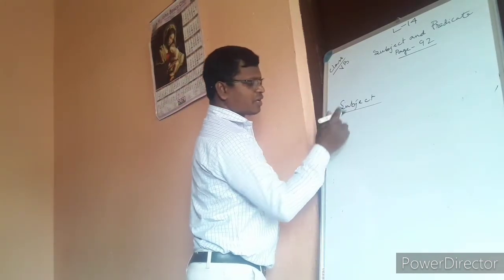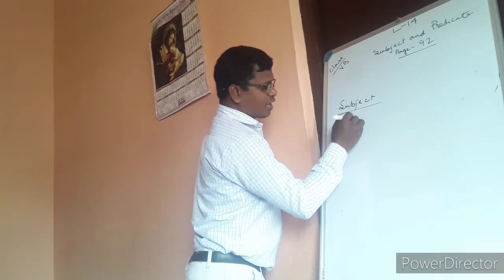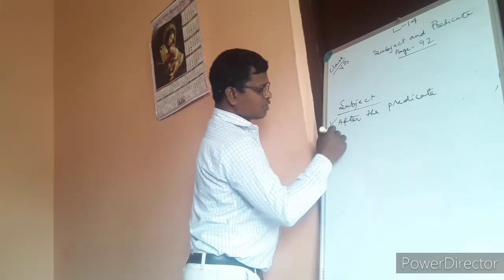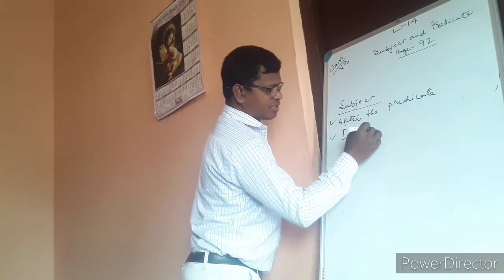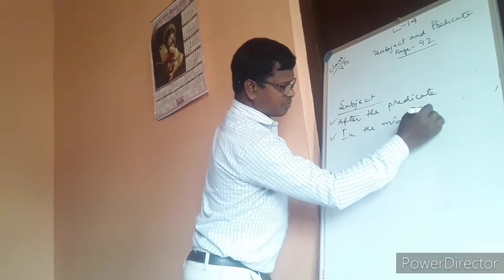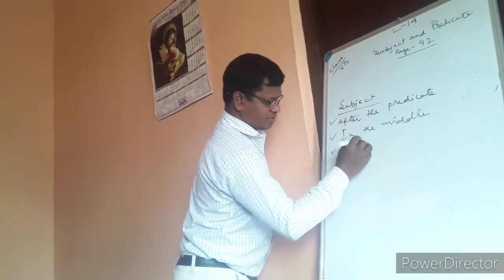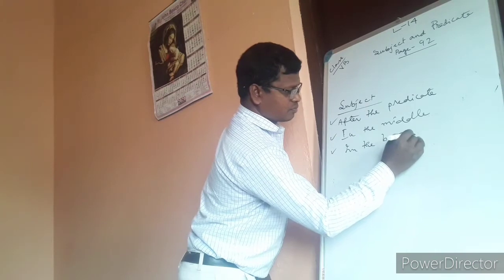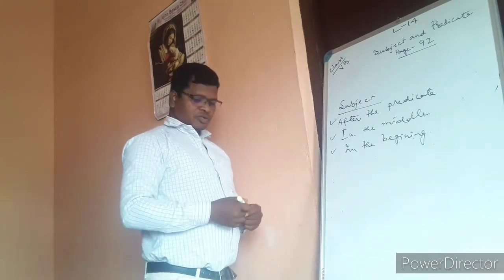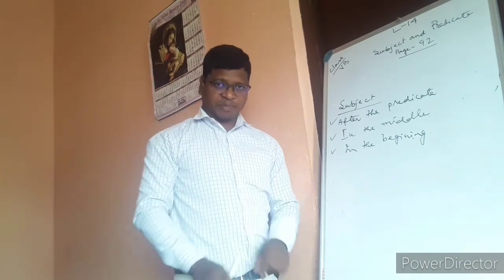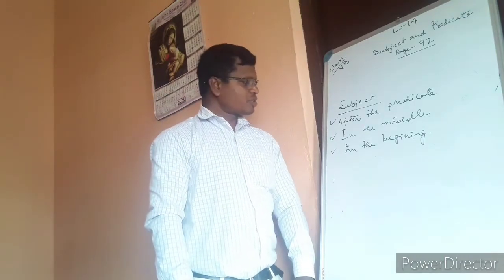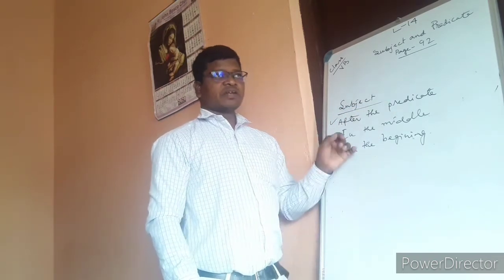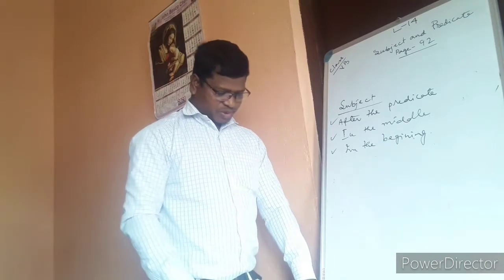It might come after the predicate, in the middle of the sentence, or else in the beginning of a sentence. So just remember, the subject is usually expected in the beginning of the sentence, but sometimes it is put after the predicate, and we might even get it in the middle of the sentence.